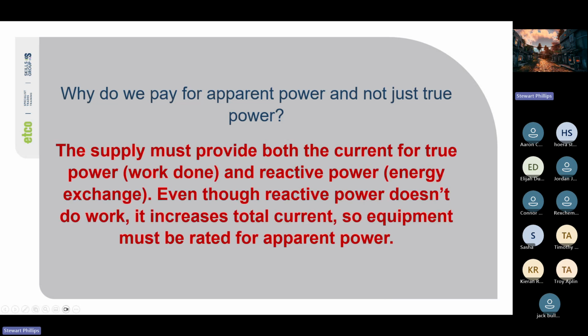Yep. So basically, the supply network must provide both the current for the true power, the work that's actually done, and the reactive power, which is the energy exchange. So even though reactive power does nothing, it increases the total current. So equipment must be rated for apparent power, and we need to pay for it.